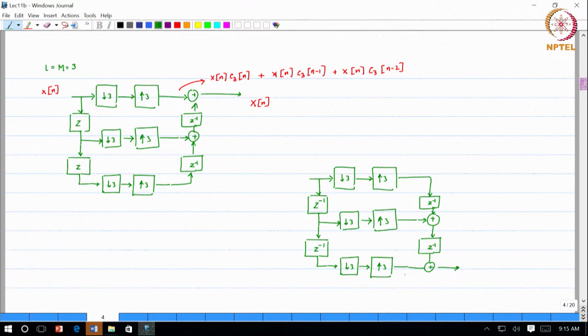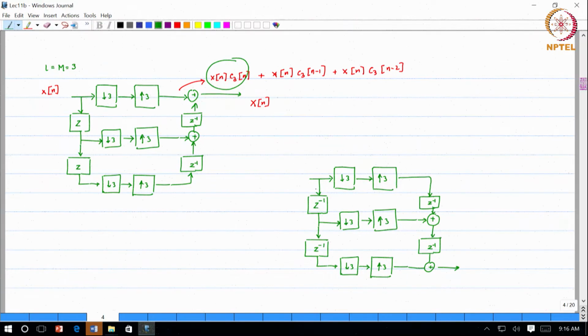Can you tell me what the lowest branch will be? What will be the effect of the lowest branch? Or let's take the other one. The upper branch is very easy to see. It is x of n, downsample by a factor of 3, upsample by a factor of 3. That means it is this first sequence, okay, which has then been delayed by 2 units of time. Okay.